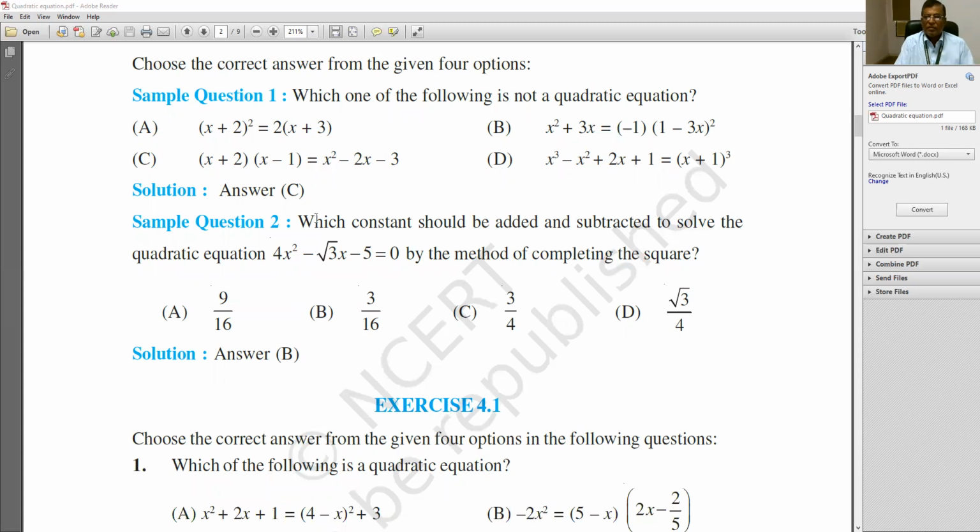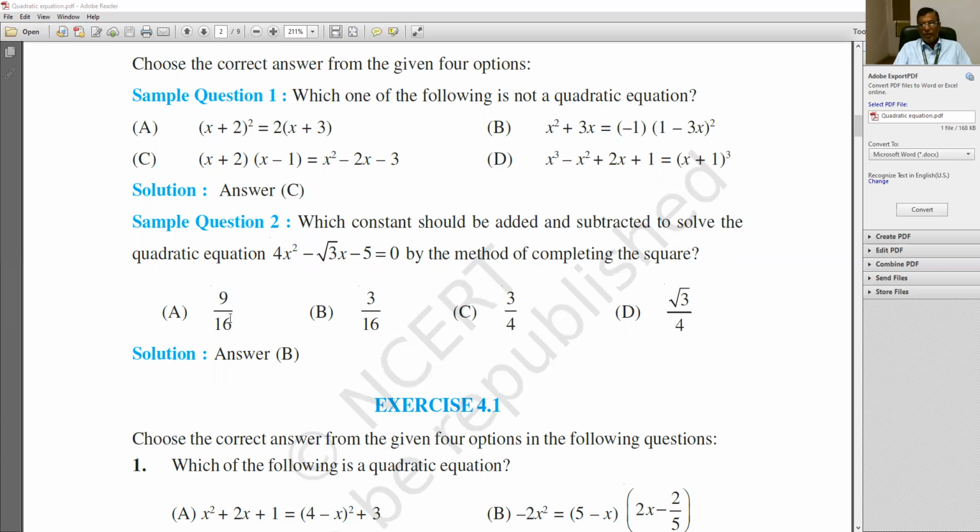Again, please see, let us write which constant should be added and subtracted to solve the quadratic equation by the method of completing the square. What you should add to this so that this may be converted into the form of a plus b whole square or a minus b whole square.